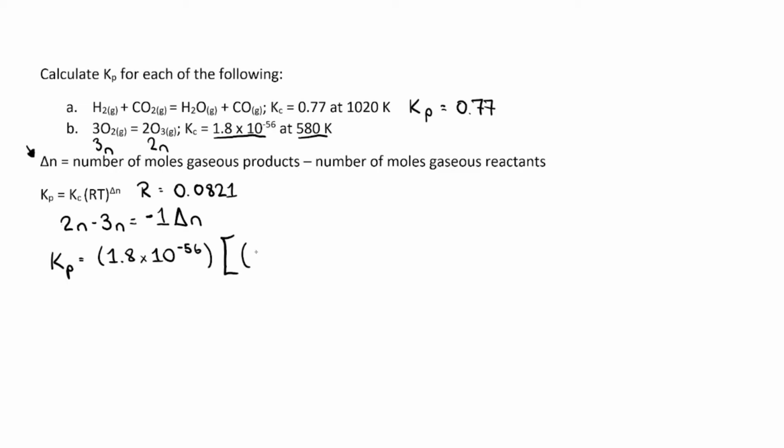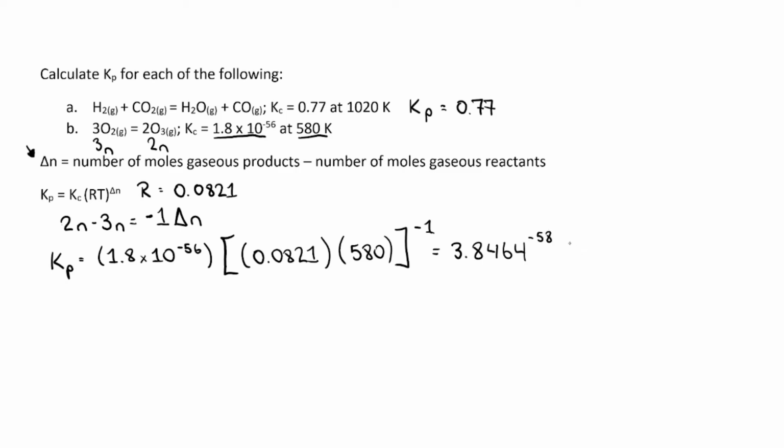times the gas constant times 580 Kelvin, all brought to -1. I already pre-calculated this, and it comes out to be 3.8464 times 10 to the -58.